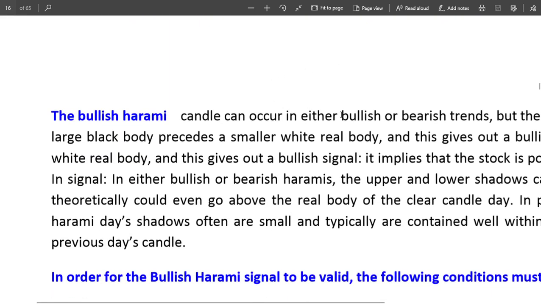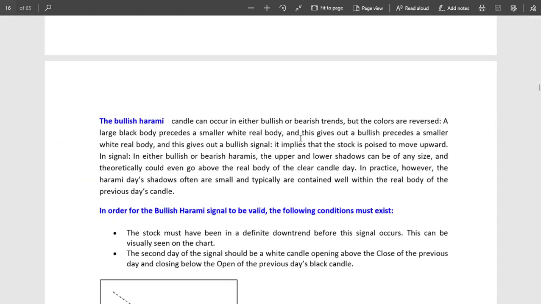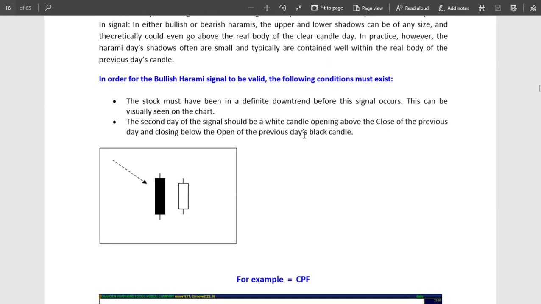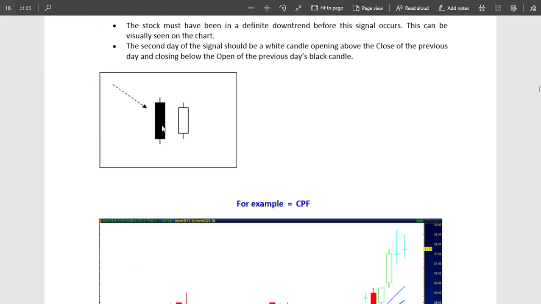So next we have a bullish harami. Now this candle can occur in either bullish or bearish trends, but the colors are reversed. Okay, all this aside, now for this bullish harami, you can see a big red candle.